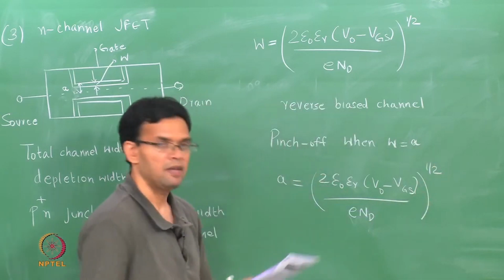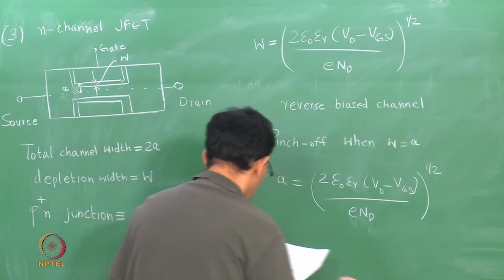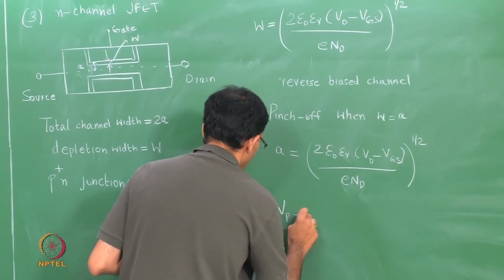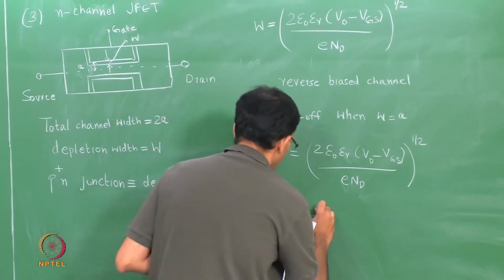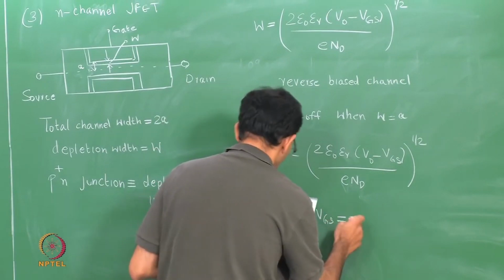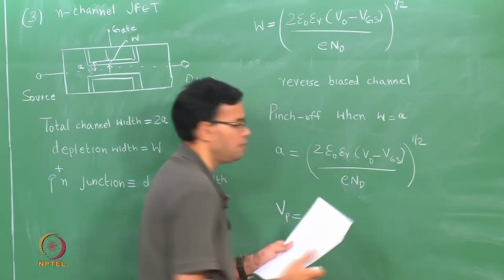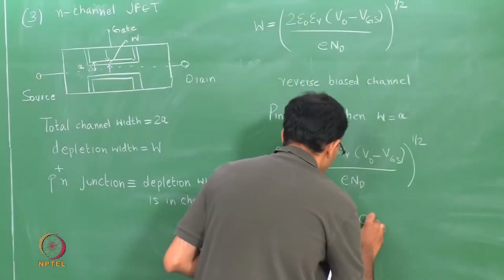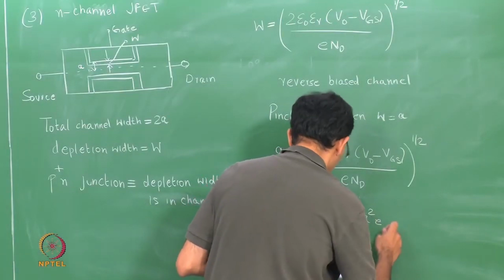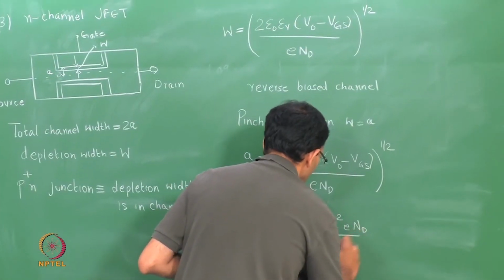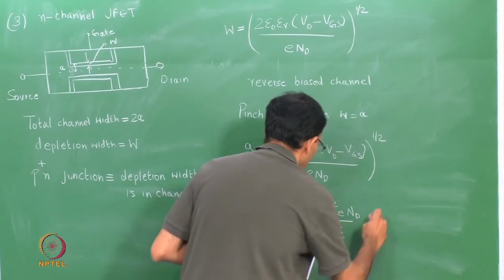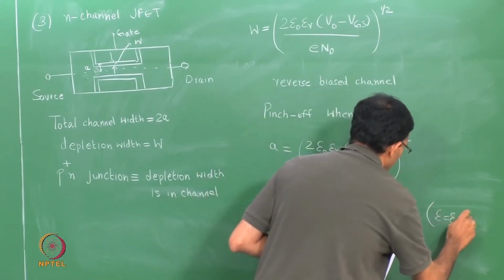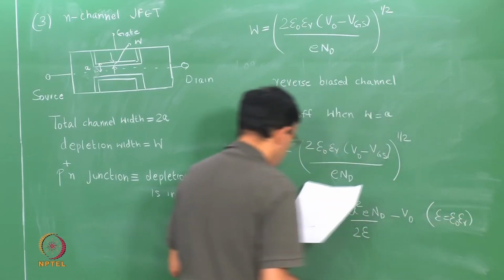So, this we can basically rearrange, so that Vp, which is minus VGS, is your pinch off voltage. So, all I am doing is taking this expression and rearranging, Vp is equal to A square E Nd by 2 epsilon, minus V naught, where epsilon is nothing but epsilon naught and epsilon r.